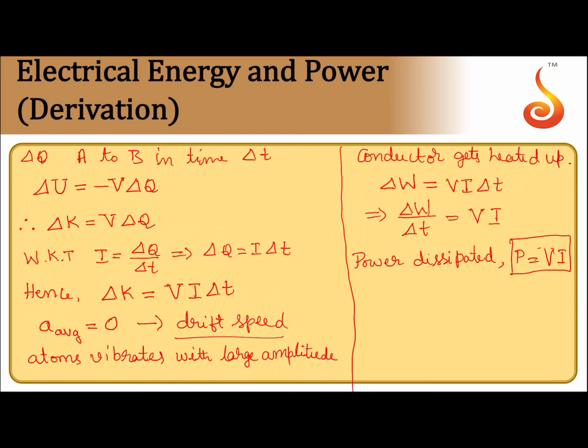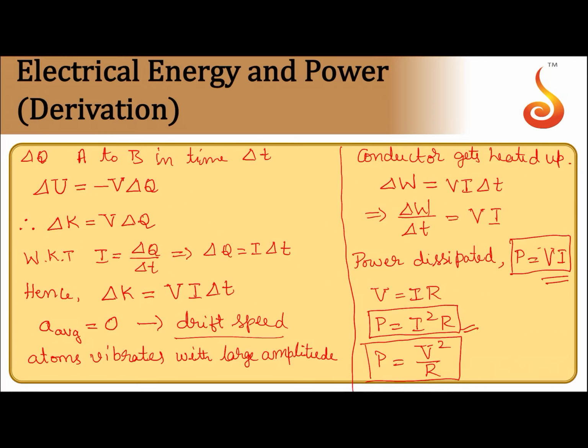From Ohm's law we know that V is equal to I into R. If you substitute for V here, you get P is equal to I square R. This is one equation for power. Otherwise you can substitute I is equal to V by R, and you get P is equal to V square by R. So P equals V I is the expression in terms of potential difference and current.